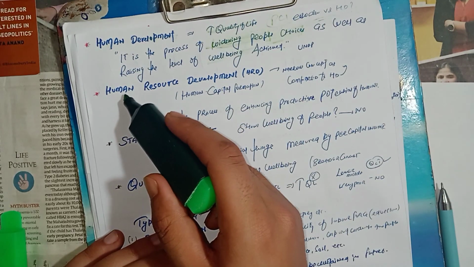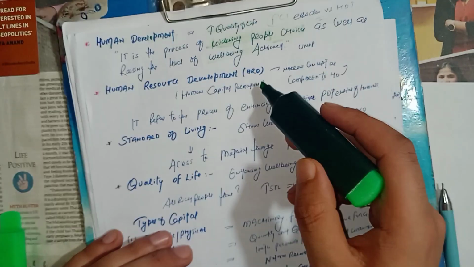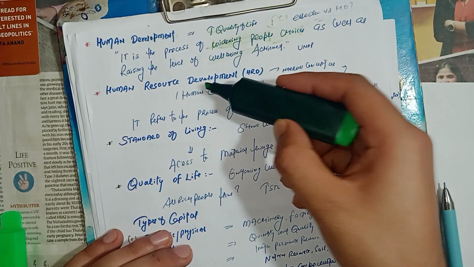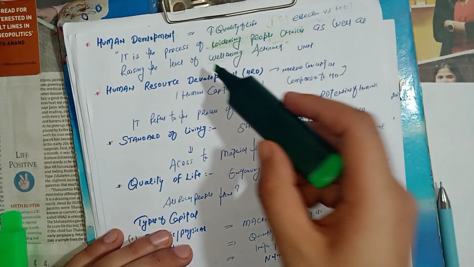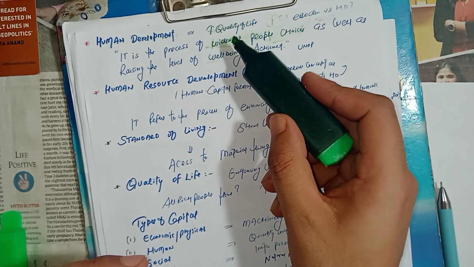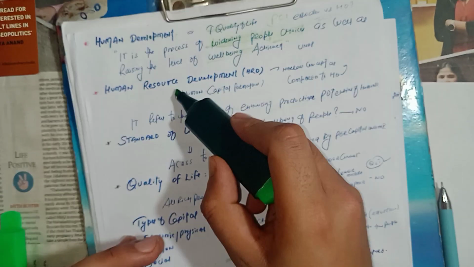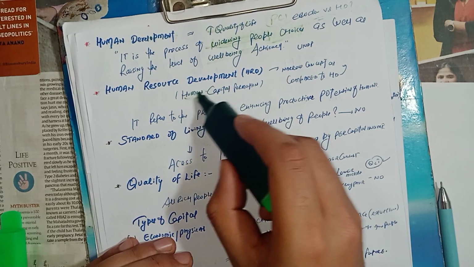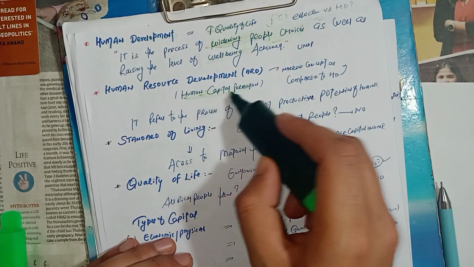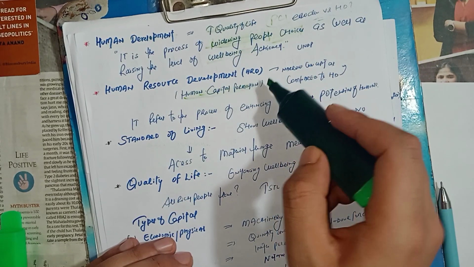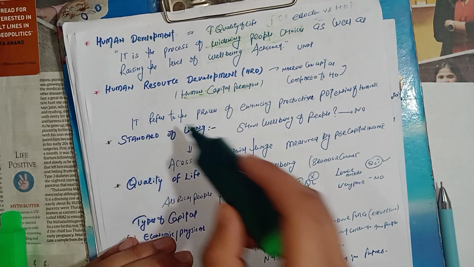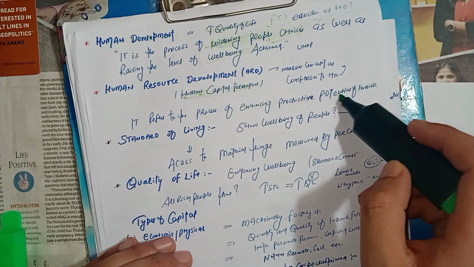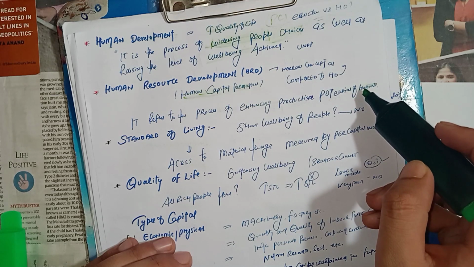Now next thing is human resource development. Here was human development, now here is human resource development. Human development is a wide concept, but this is a narrow concept. Human resource development focuses on human capital formation. Human capital formation refers to the process of enhancing the productive potential of human beings.